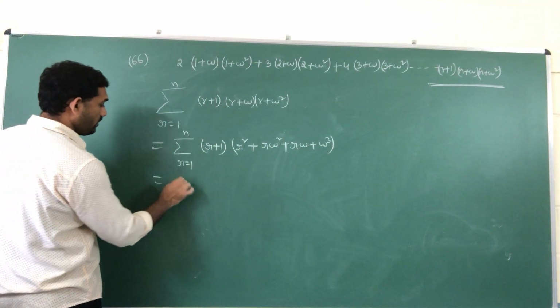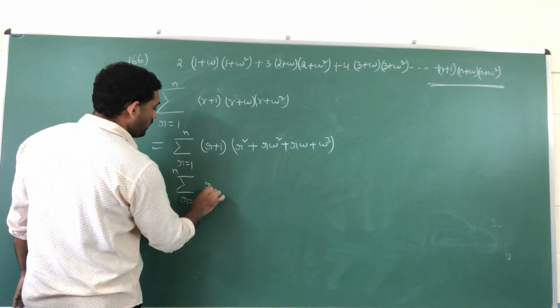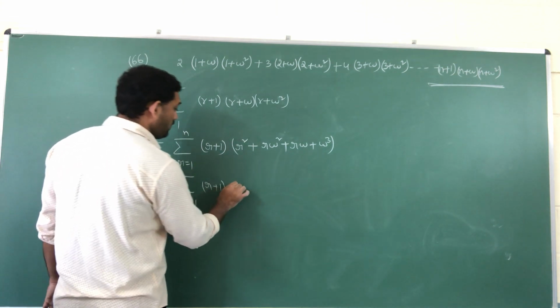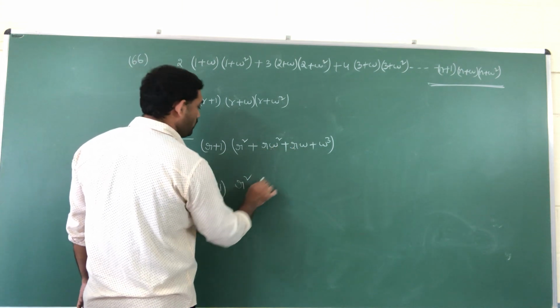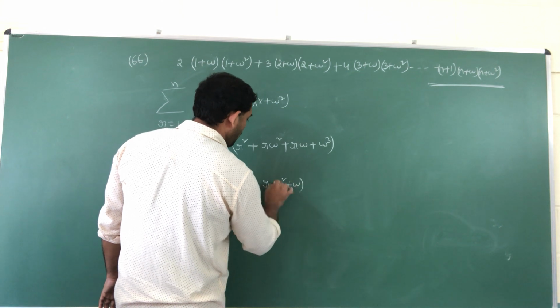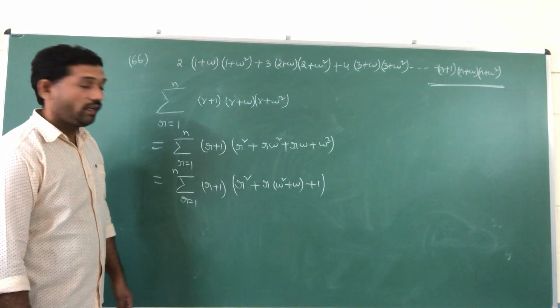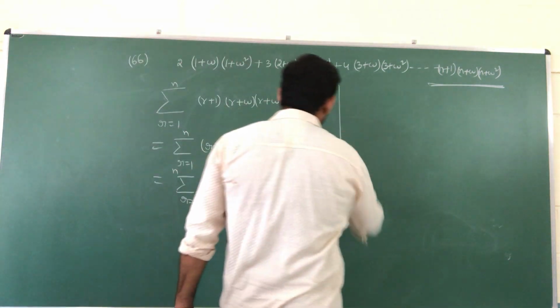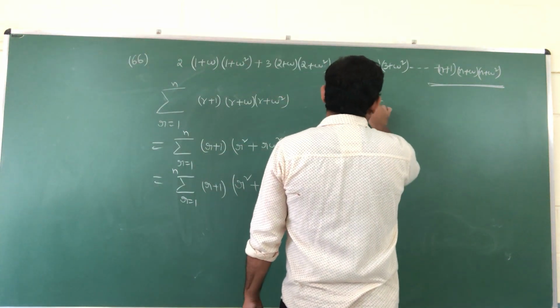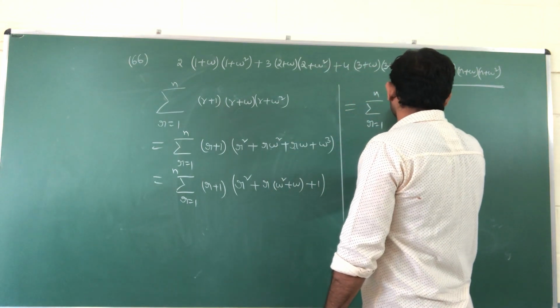Now see, sigma r is equal to 1 to n, r plus 1. So this is r square. In these two terms r is common. What happens? Omega square plus omega, cube value 1. Now we expand this. Sigma r is equal to 1 to n, r plus 1.